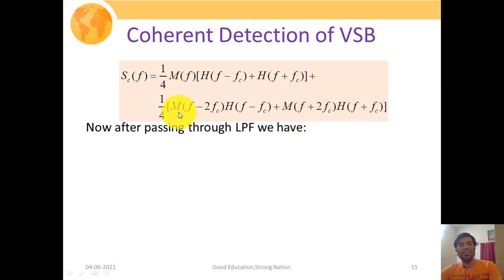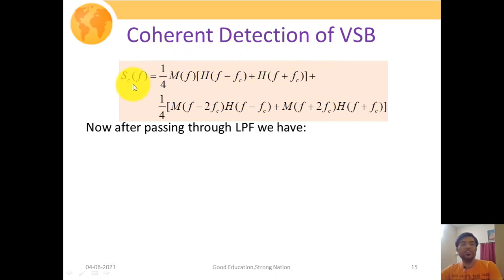Here I have written down all the frequency components and collected them in terms of M(f), M(f minus 2fc) and M(f plus 2fc). Obviously when we pass through the low pass filter, this lower portion will vanish and we are left with this upper portion only.